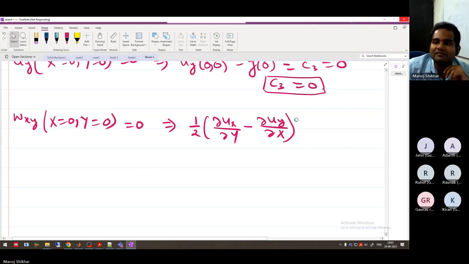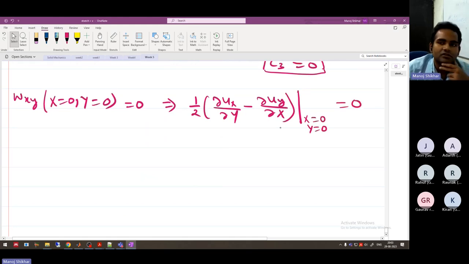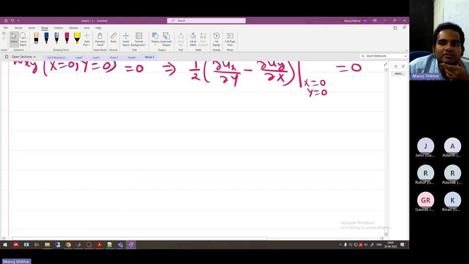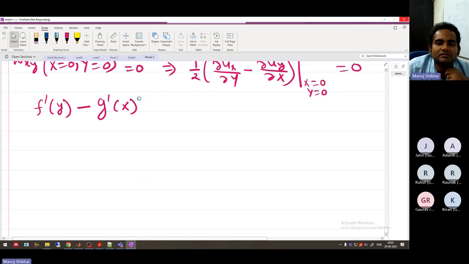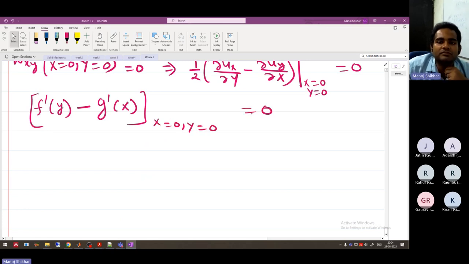And we have to put x equal to 0 and y equal to 0 in this expression and equate it to 0. So if you work this out, del ux by del y will be f prime y minus g prime x. You put x equal to 0 and y equal to 0 and equate to 0. This means that f prime 0 is equal to g prime 0.